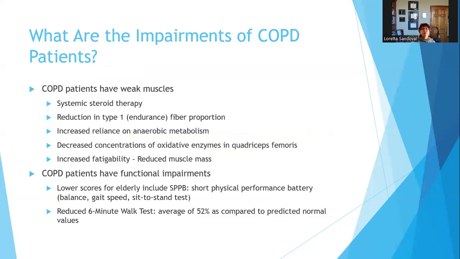So the impairments that we see in COPD patients: they have weak muscles, all of them, not just their breathing muscles. They have weak muscles because of systemic steroid therapy, reduction in type 1 or slow twitch endurance fiber proportion in their muscles, increased reliance on anaerobic metabolism because they're lacking oxygen.